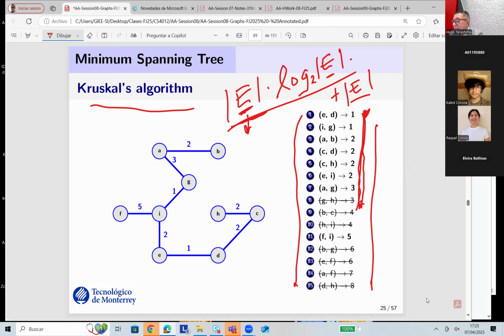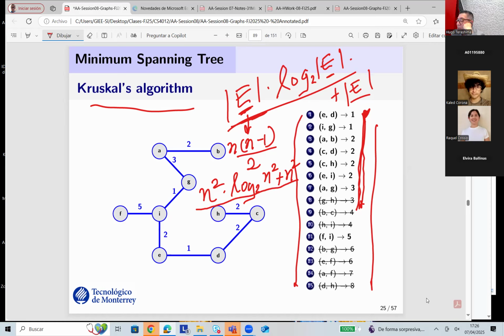What is it? N times n minus 1 over 2, right? That's the worst case when the graph is complete, right? So this is kind of n squared log base 2 of n squared plus n squared, right? Does this expression make sense to you?